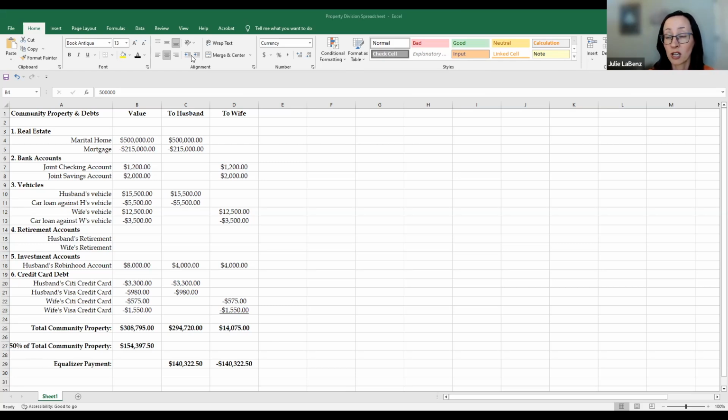Remember, you're going to use the current value, not what you purchased it for, because it's now used personal property. And then, if you're going to keep the majority of the stuff, pay your spouse their 50% interest, or vice versa. It really just depends on how detailed you want to get and how much personal property you have.